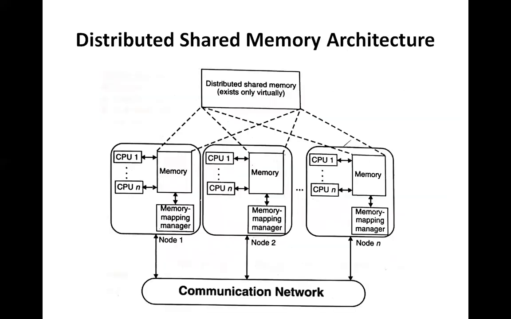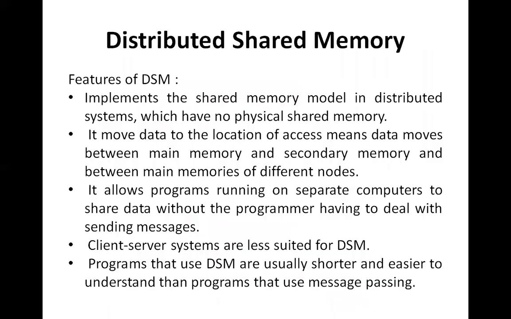Now, this is a distributed shared memory architecture in which we have different nodes, and each individual node has different kinds of CPU. But before discussing the architecture, let us discuss some features of distributed shared memory.